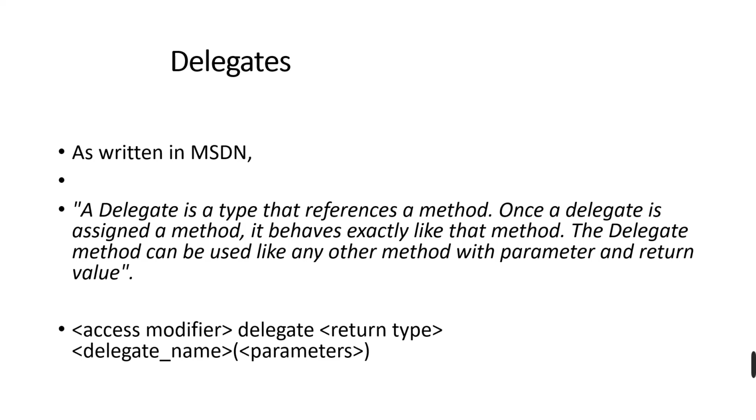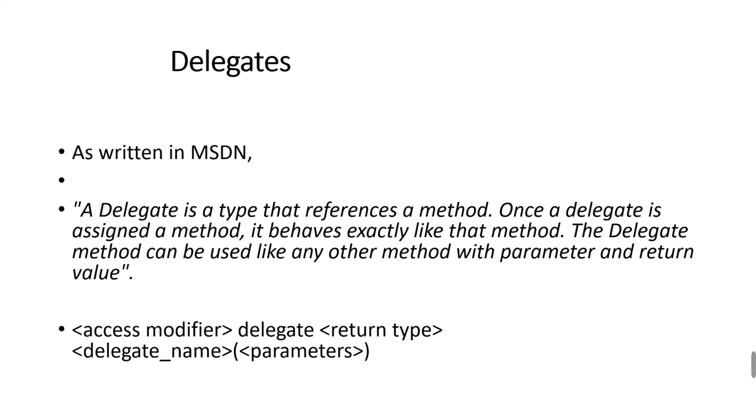So delegates, what are delegates? If we go through MSDN, that is Microsoft Developer Network, so MSDN described a delegate is a type that references a method. Once a delegate is assigned to a method, it behaves like that method. The delegates method can be used like any other methods with parameter and return values.